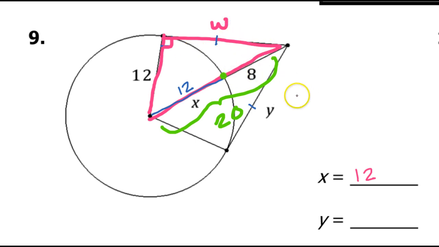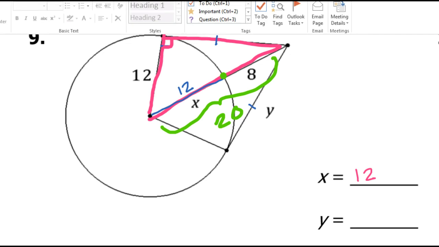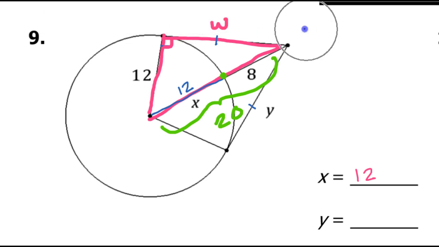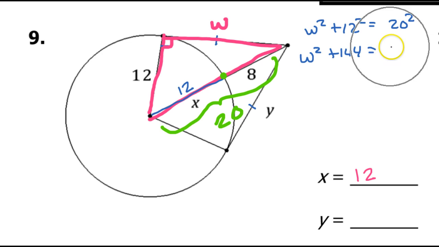So let's find W. How do I find it? The Pythagorean theorem. So W squared plus 12 squared is equal to 20 squared. The hypotenuse always has to be the one that goes by itself. So this is going to be W squared plus 144 is equal to 400.